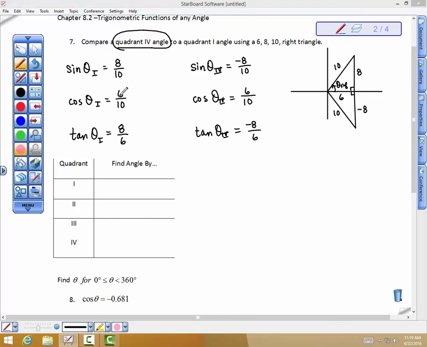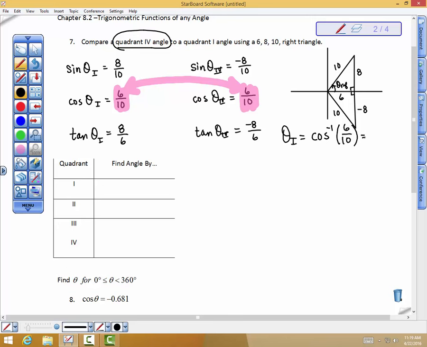I know they have these same ratios, but remember, just the sign has changed. What I want to do this time is I just want you to notice again that, oh my, cosine is positive. It's 6/10 in this particular angle in both the first and the fourth quadrant. So your calculator is only able to go and find that first quadrant angle. So if you go find what's called the reference angle by typing in second cosine of 6 divided by 10 or 3 divided by 5, you would get an angle for that of 53.1 degrees.